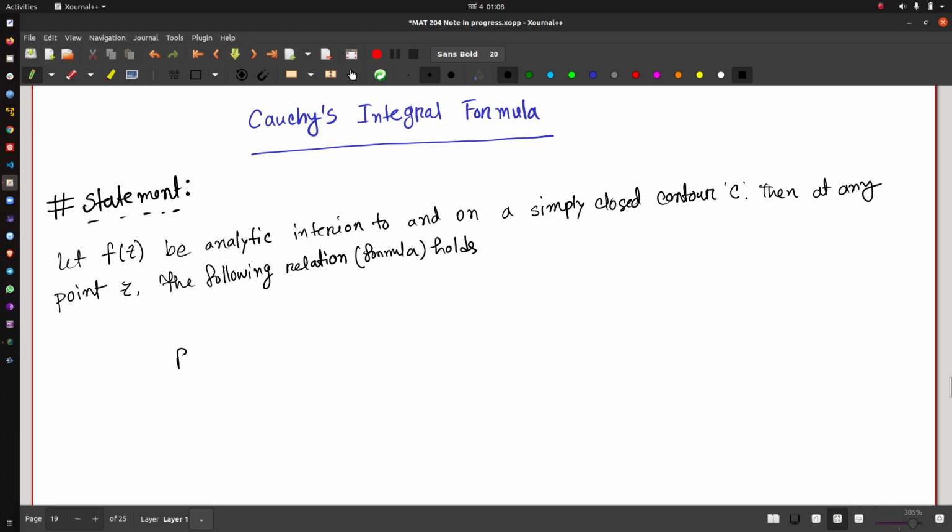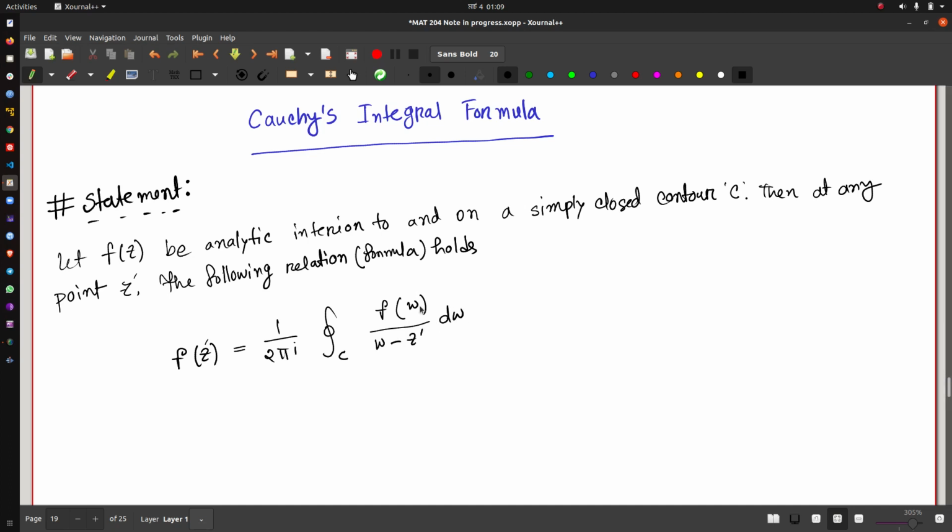The formula is that at that point, that is the point of interest, in case you get confused you can always put a prime over here, f of z prime is equal to 1 by 2 pi i, the closed contour integral of f of, let's say, w over w minus z prime dw.